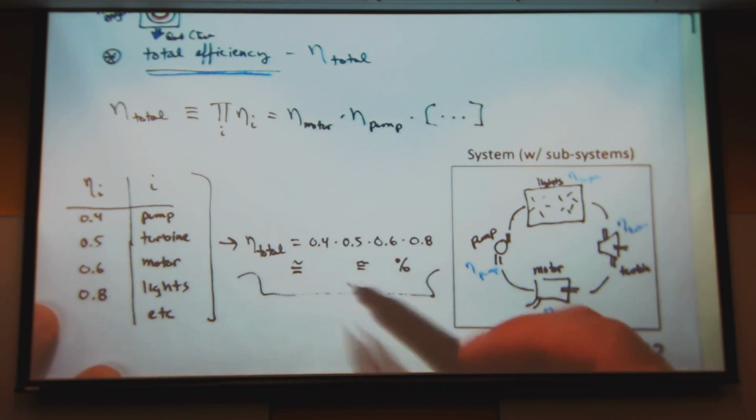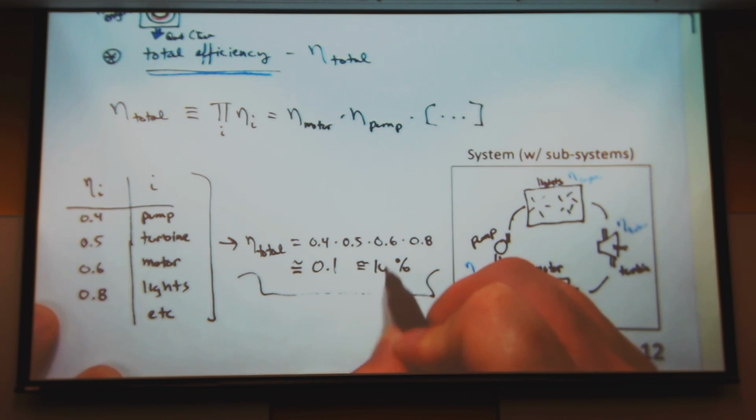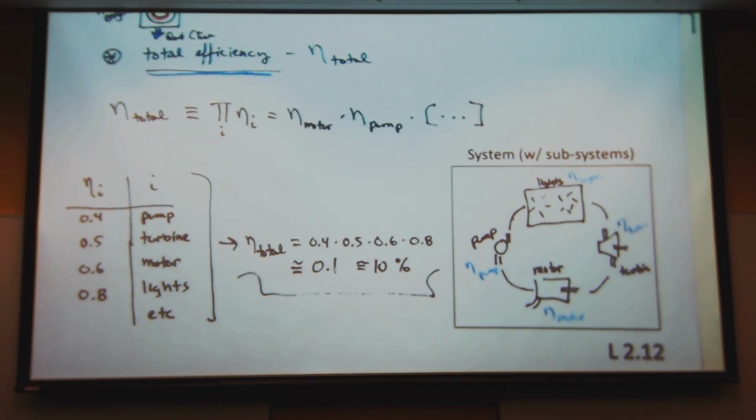I go through all of that and the total efficiency ends up being 10%. So if you're an engineer, where would you focus your time on increasing the efficiency of the system? Pump or turbine, right? The lowest efficiency, the weakest link.